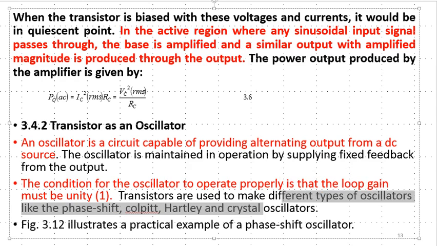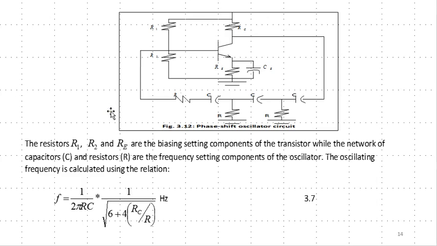And the typical circuit diagram showing a transistor operating as an oscillator is given here. This is my active component, and all the resistors and capacitors are used for either biasing the circuit, thus supplying the voltages and currents required, or they are used for oscillation, creating the frequency at which it oscillates.